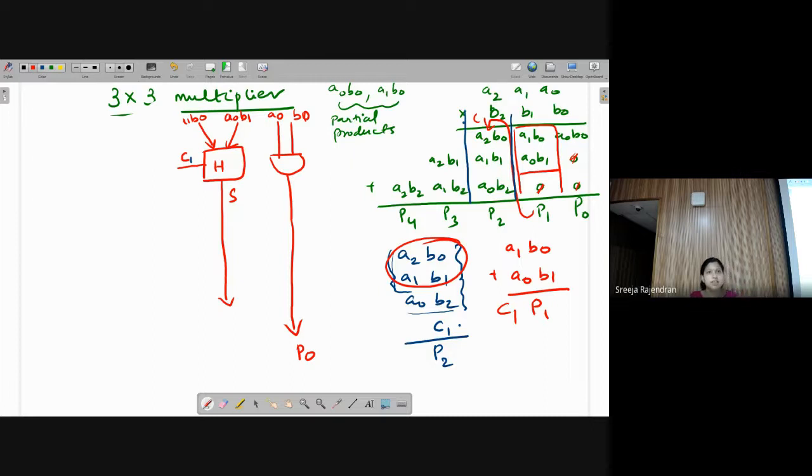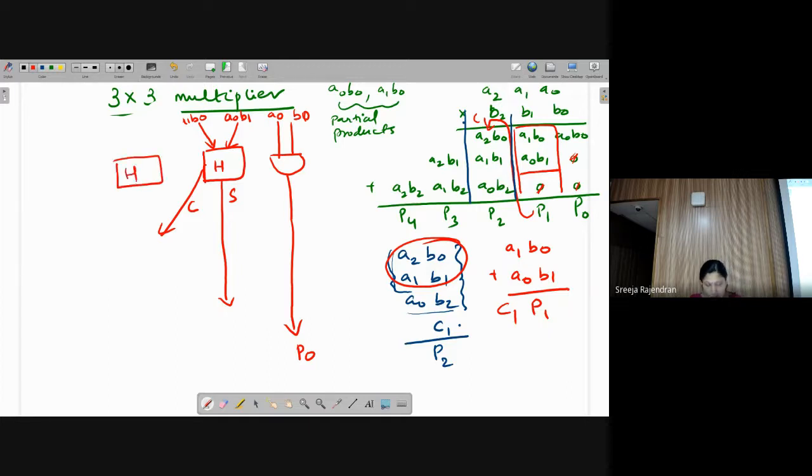There is a flexibility to add it later. So I am thinking I will add only the first two partial product terms. If I have to add only two partial product terms, what can I use? Half adder again. That means this carry is also not coming for me. I'm not going to use a carry because it is a half adder. There is a carry generated, but I'm not using it in this addition.